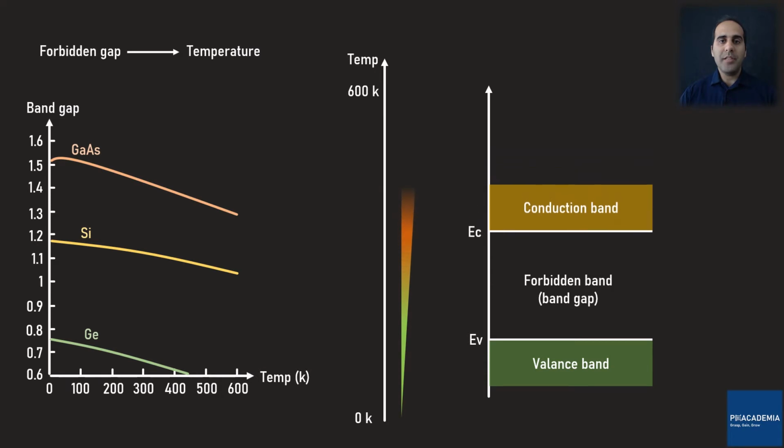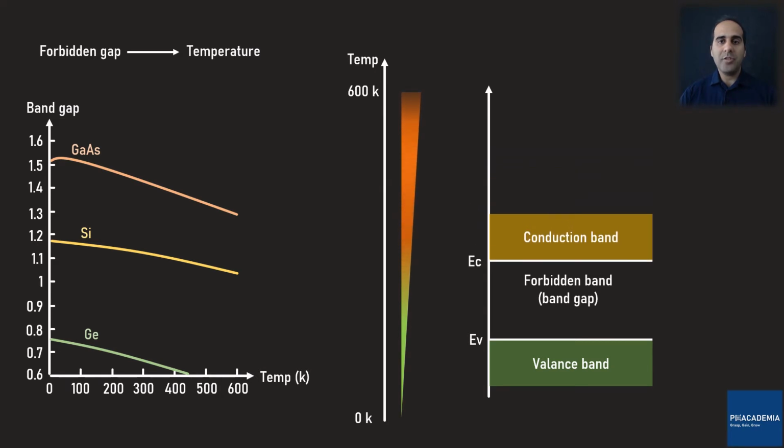If you remember the lecture of the energy band, you can tell why a temperature rise makes the band gap smaller. In fact, when the temperature increases, the interatomic distance increases. This brings the top of the valence band and bottom of the conduction band closer to each other. So the band gap gets smaller.